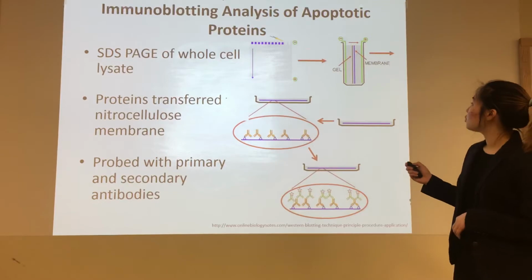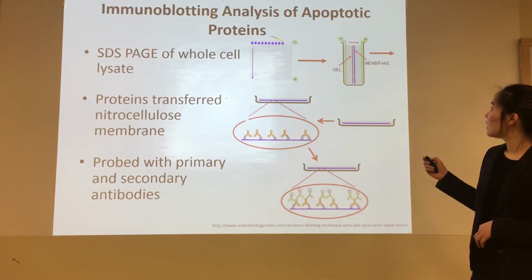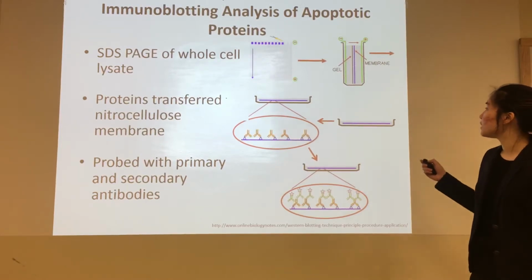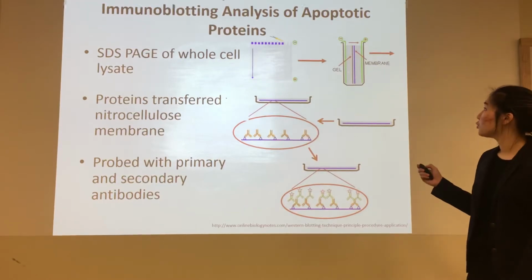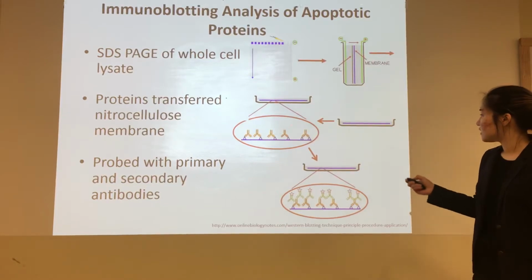The separated proteins were in the gel, and the gel was put in between the negative membrane and the positive nitrocellulose membrane. Once the power was applied, the proteins transferred from the gel to the positive membrane. And right here, this is the membrane.